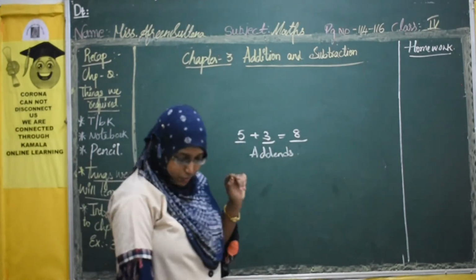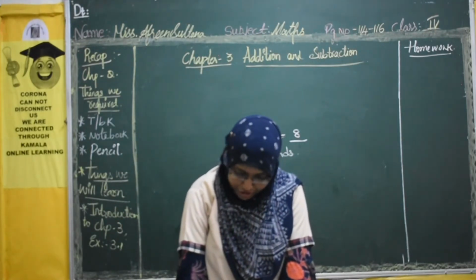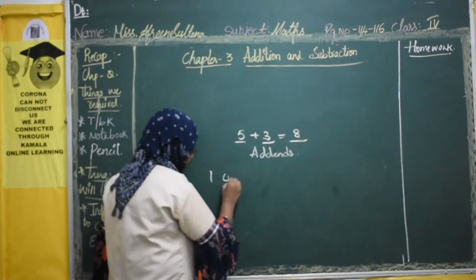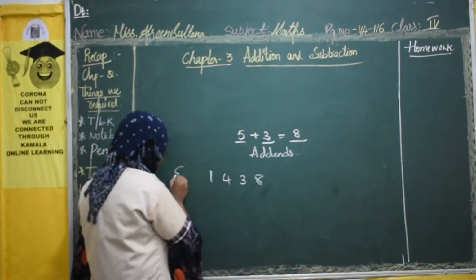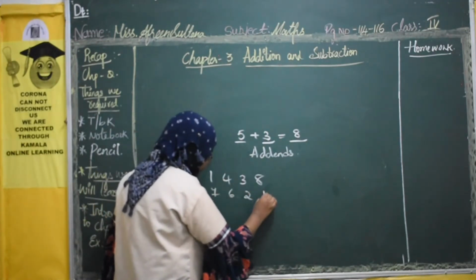Right? So let us see what they have given. Firstly, addition without regrouping, addition with regrouping. So when they give a large number, 1438, let us take an example. 621.